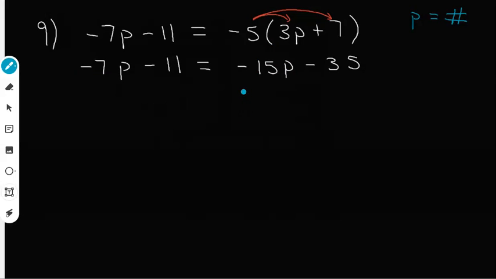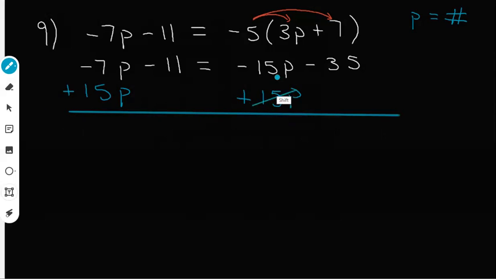I can get rid of that by adding 15p to both sides. So when I do that, they cancel out on the right side, and I'm only left with a negative 35 that I brought down.